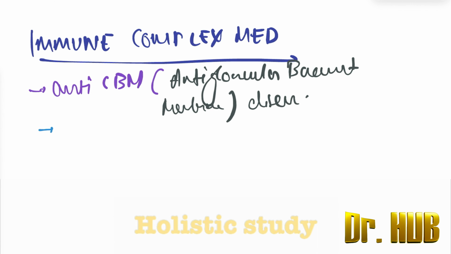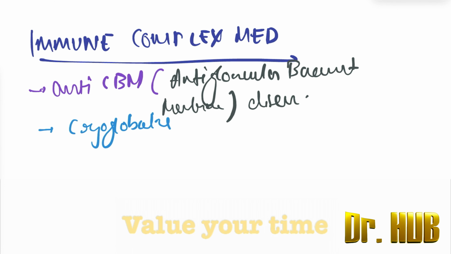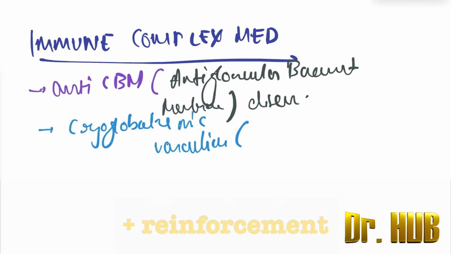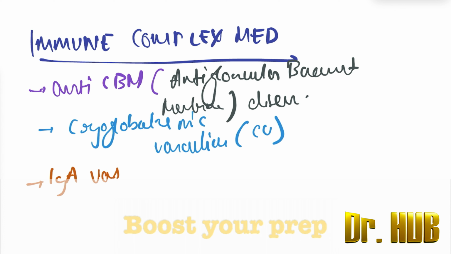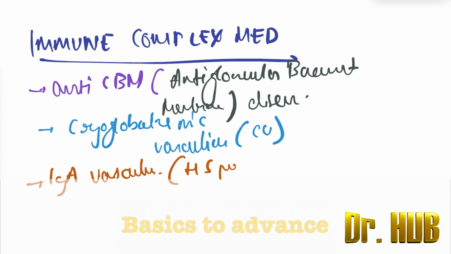Next, it also involves cryoglobulinemic vasculitis, known as CV. Then there is also IgA vasculitis, which is the HS purpura, that is Henoch-Schönlein purpura.